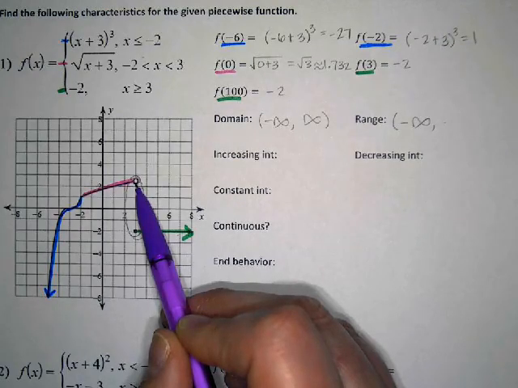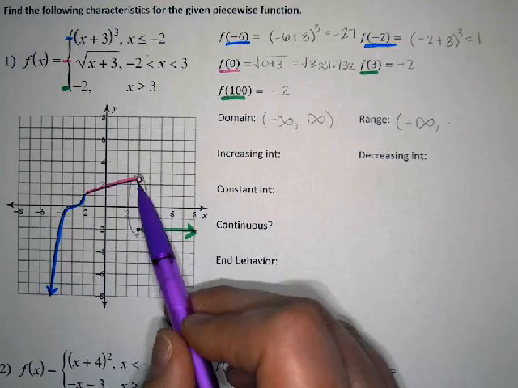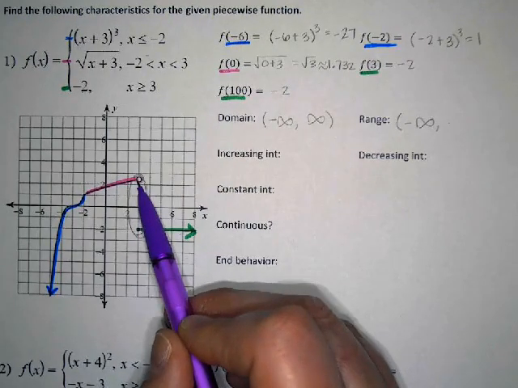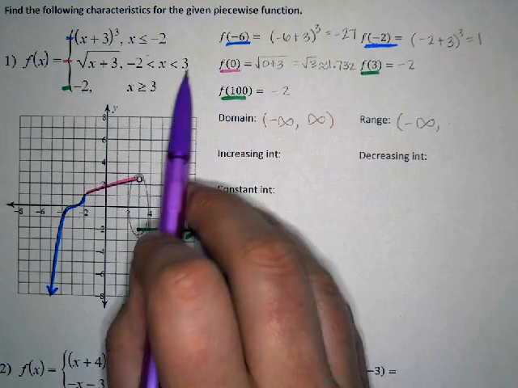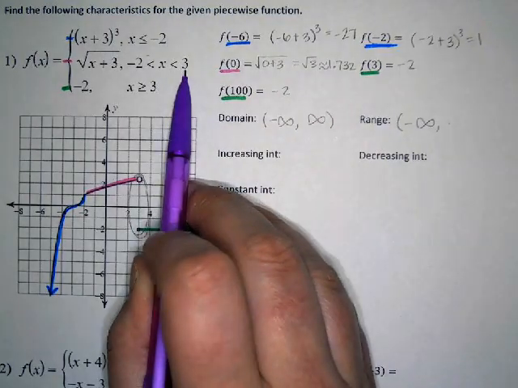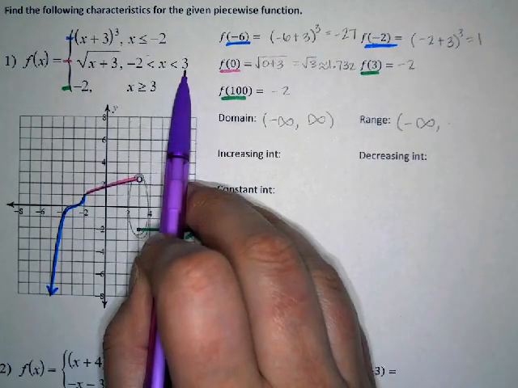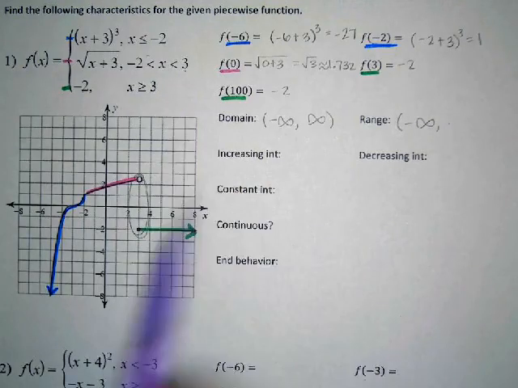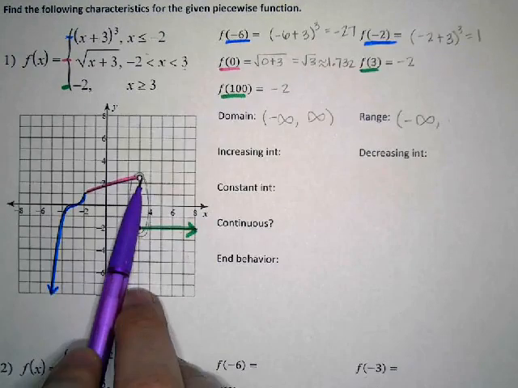It's a hole. Even if it stops, it's where the graph stops, but this point isn't really there. It's not filled in. Everyone see that? This point is not included on the graph. It says where x is 3, that point is not included on the graph. Everyone see that? This point down here is included. This point up here is not included.